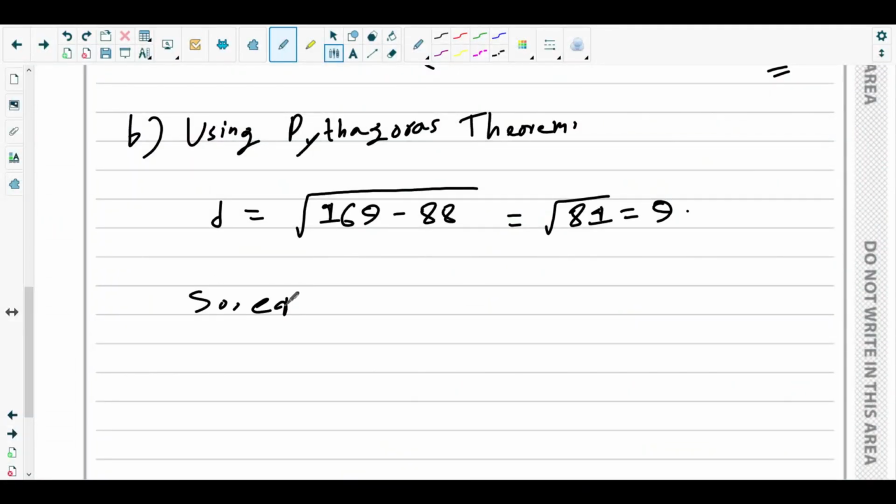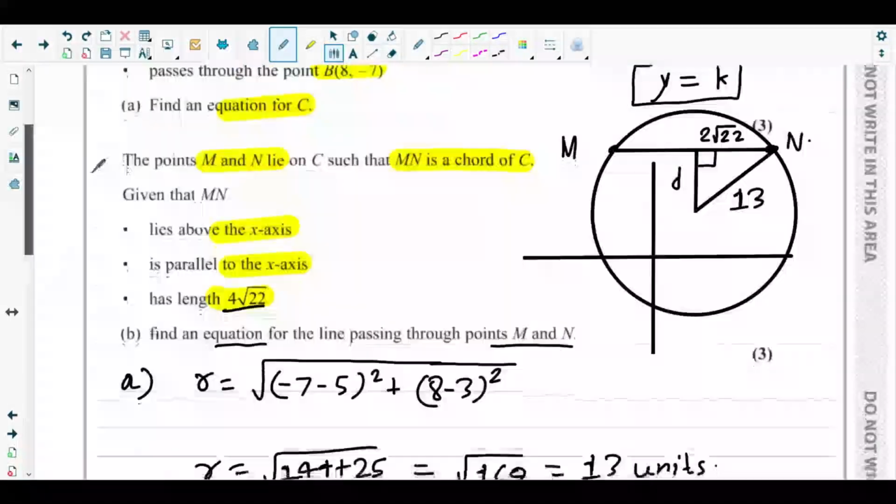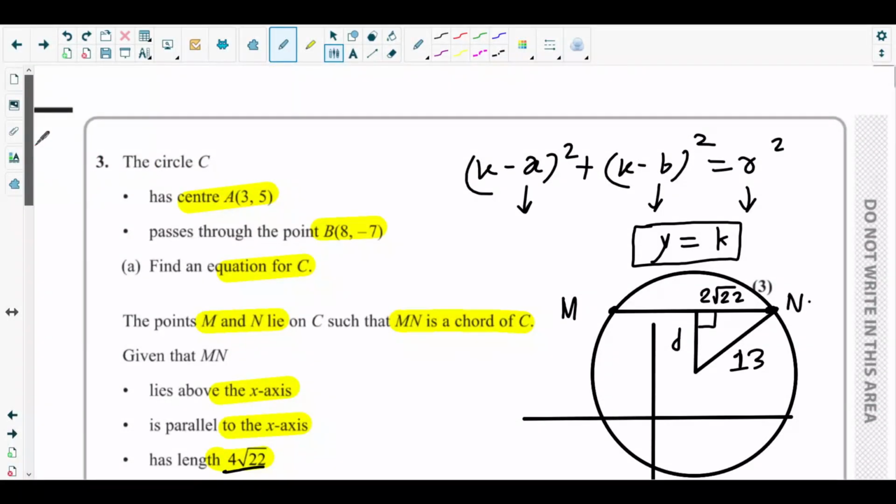Therefore, the equation of line MN is basically the y coordinate of point M or N. The distance d is above the center, and the center has y coordinate 5.